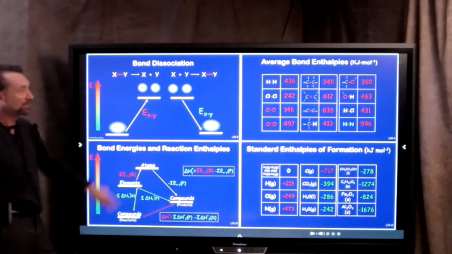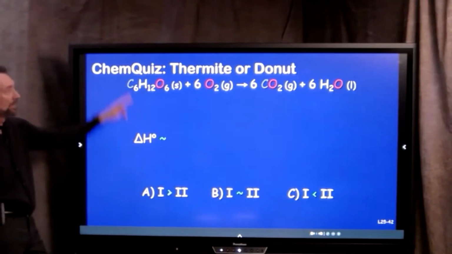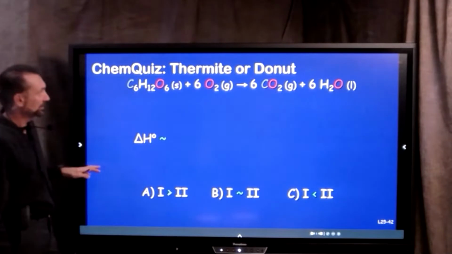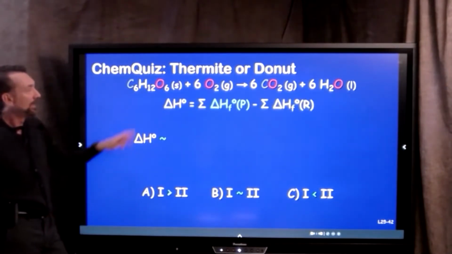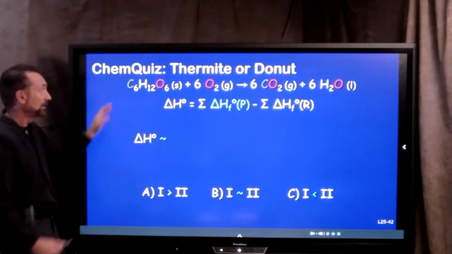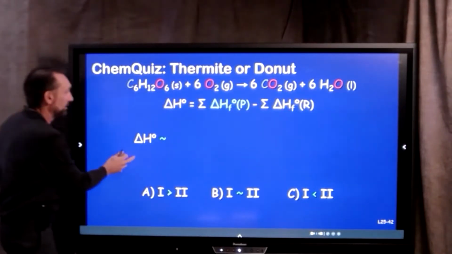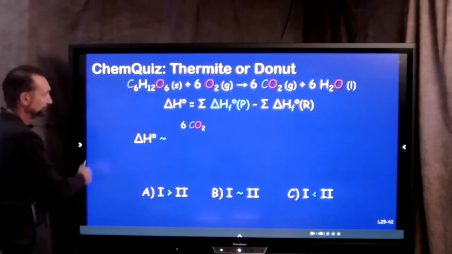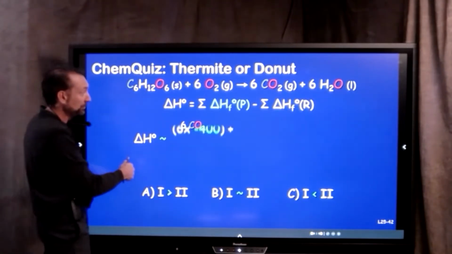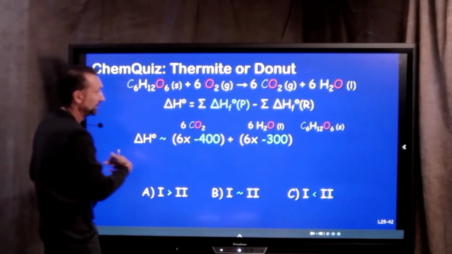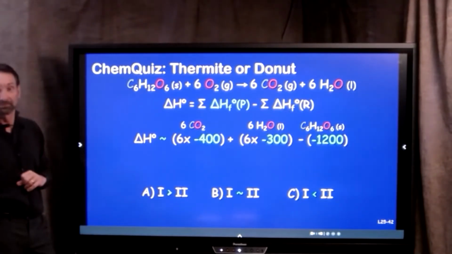So you had to look at this reaction, and you had to look at the iron oxide reaction. Now, they produce different products. So you could do this calculation.